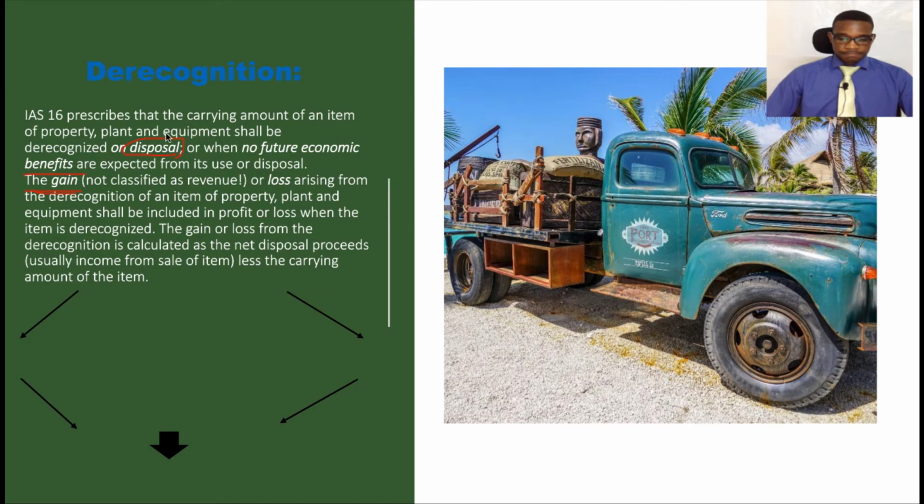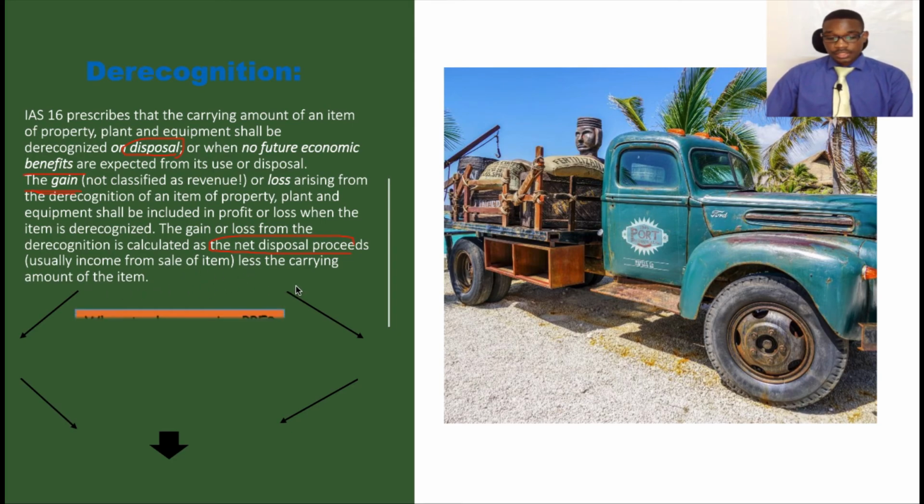The gain or loss arising from the derecognition of an item of property, plant and equipment shall be included in profit or loss when the item is derecognized. The gain or loss from the derecognition is calculated as the net disposal proceeds, usually income from sale of the item, less the carrying amount of the item.